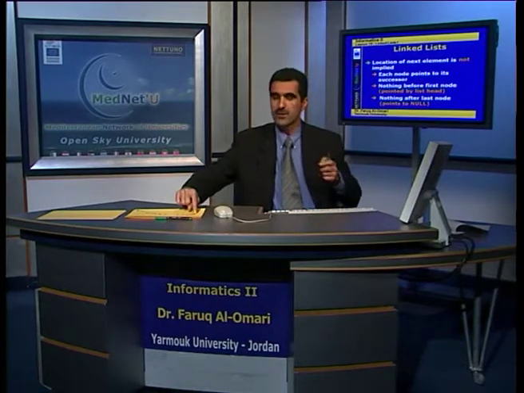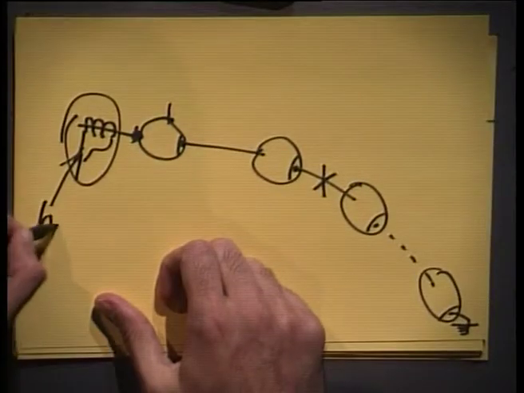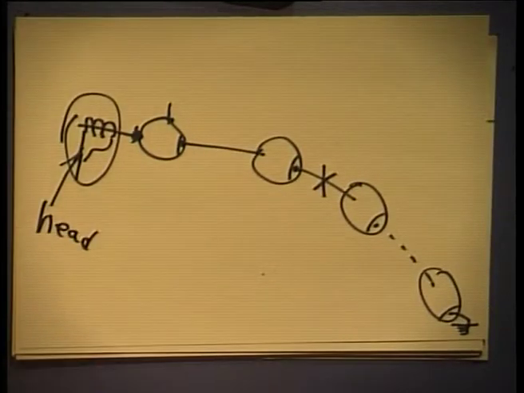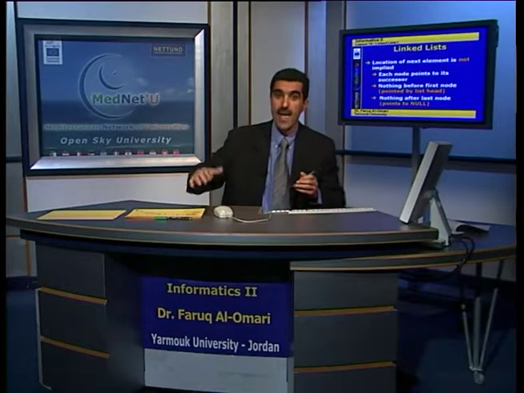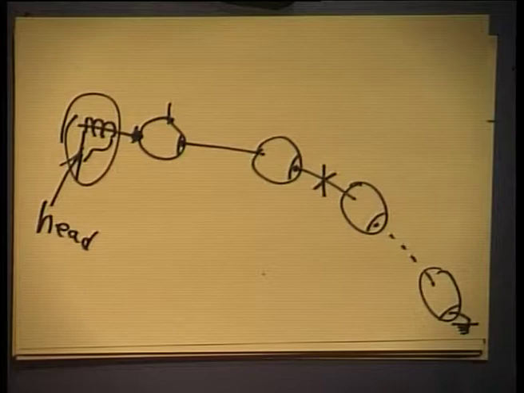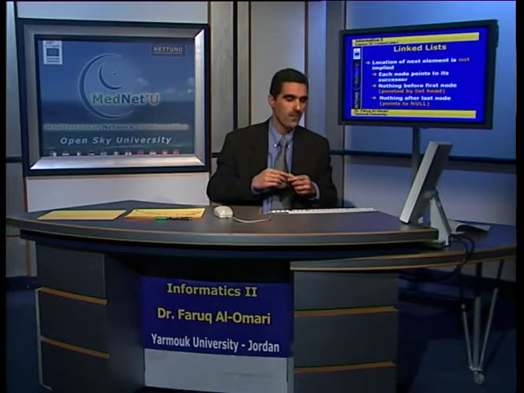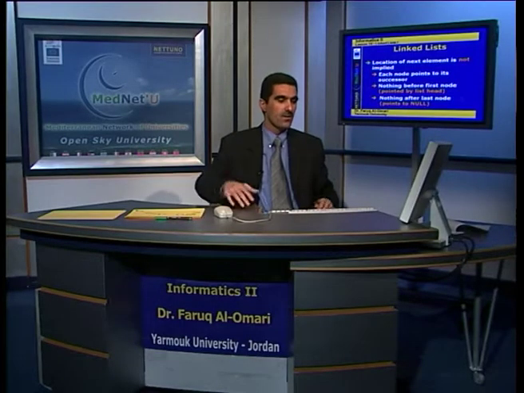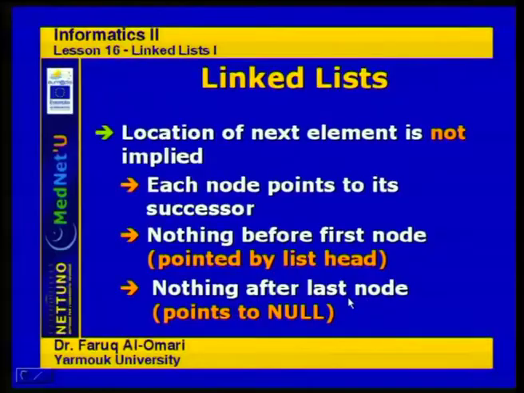I have head in here pointing to the head of the list, to the first entry in the list. And the very last node always points to null, and that indicates the end of the list. So there is nothing after the last node, which means the last node points to null.